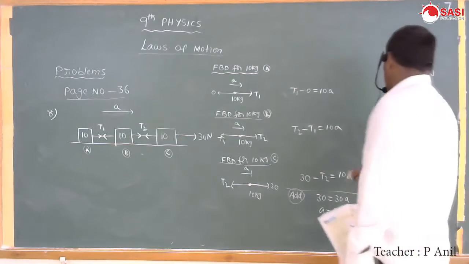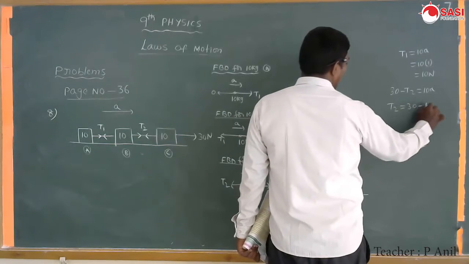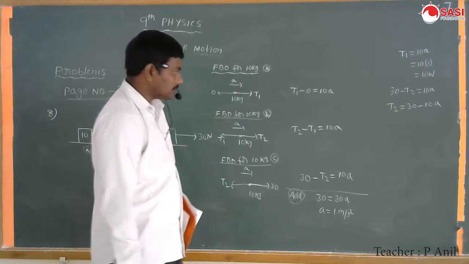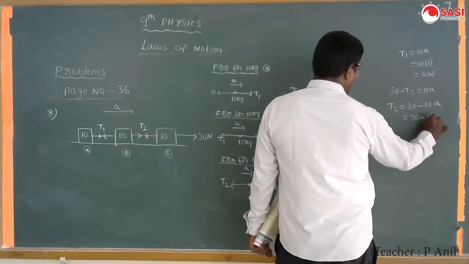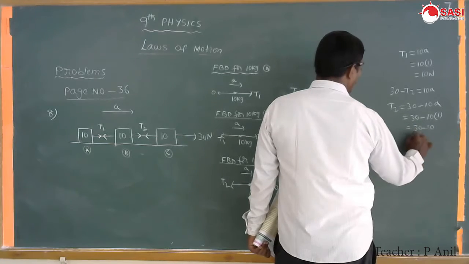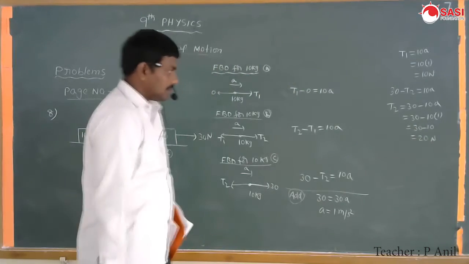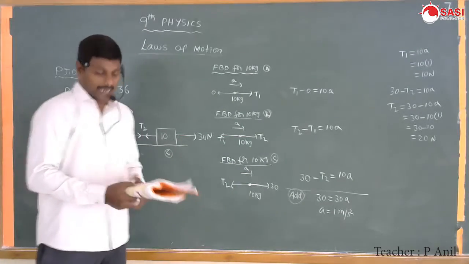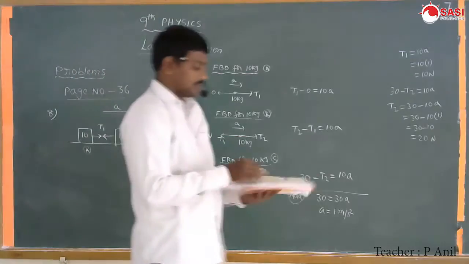From this, T2 is equal to 30 minus 10A, that is 30 minus 10 into 1, which is 30 minus 10, equal to 20 newtons. These are the acceleration of the system as well as the tensions in the strings.